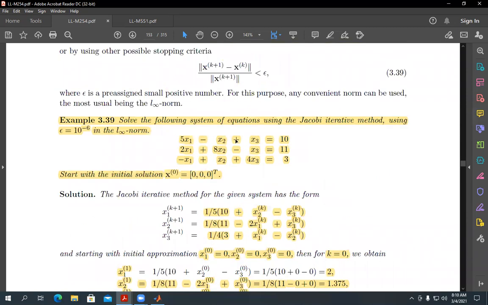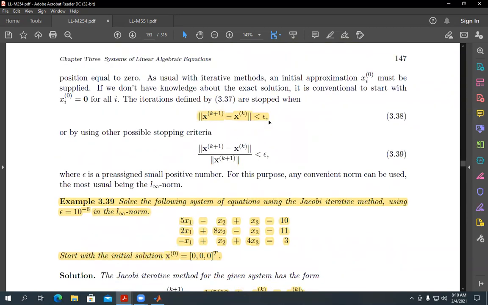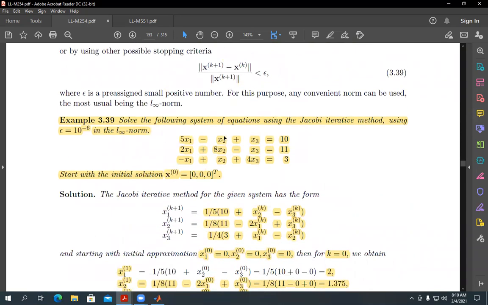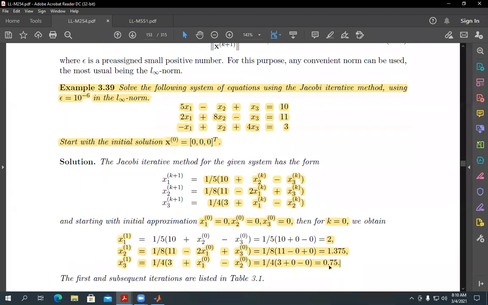We know epsilon is 10 here. This is what you just calculated, and this is given by the teacher, 0, 0, 0. And what you calculated is 2, 1.375, 0.7. What is the L infinity norm here, please? Any student? I gave the definition of the L infinity norm last time.